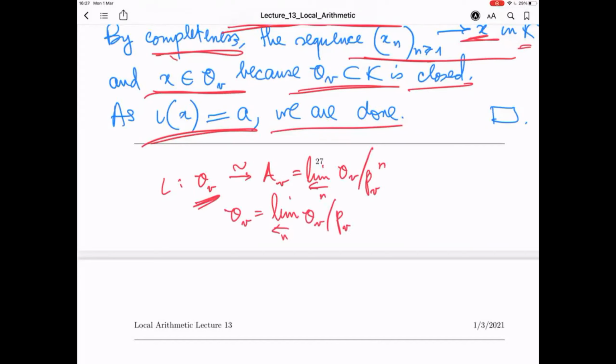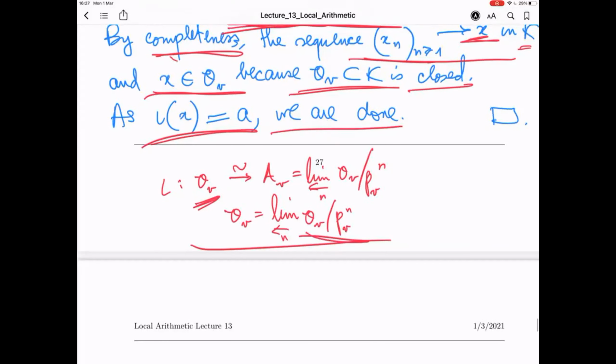So you just say that OV is the inverse limit of this system, just as Zp is the inverse limit over n of Z modulo p to the n Z.